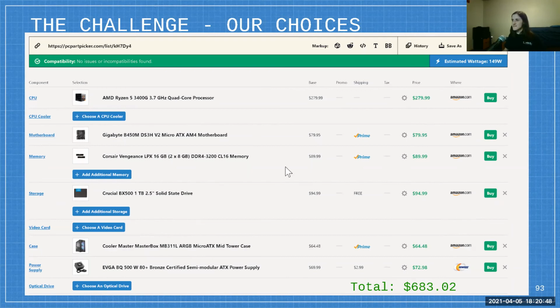But these are all of our parts. We chose integrated graphics with the Ryzen 5 3400G. We chose a Gigabyte motherboard. We chose 2 8GB sticks of RAM, a solid state drive, and then our power supply and our case. So that is our whole build.